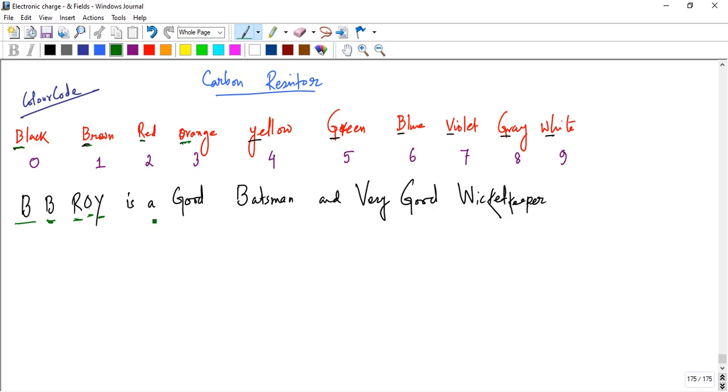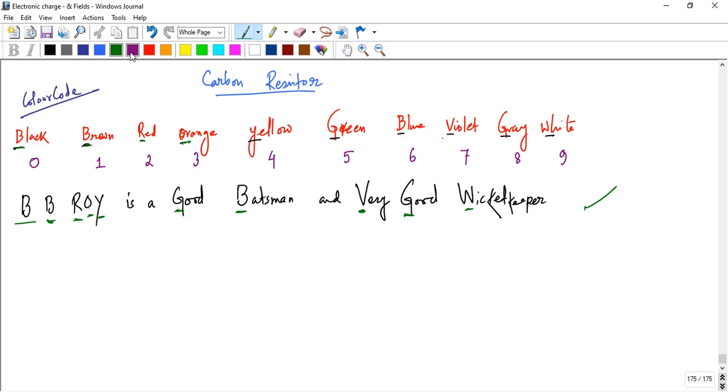Again, good: G for green, batsman: blue. Very: V for violet, next gray, good, wicket keeper: white. That's the cheat code. Remember BB Roy is a good batsman and very good wicket keeper. That's the cheat code to remember the color code of a carbon resistor.